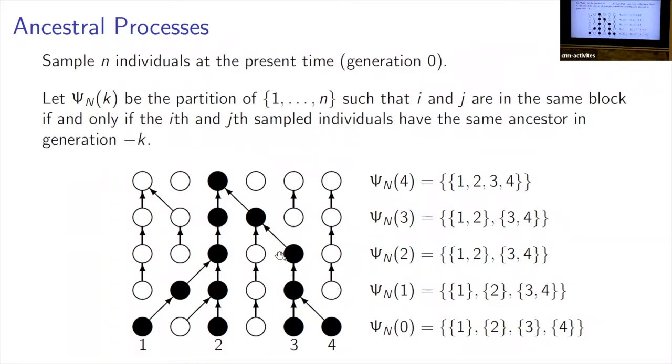If we go 2 generations back, the individuals 1 and 2 now also have a common ancestor. And so Ψ_n(2) is this partition which consists of these 2 blocks. And then finally, when we get 4 generations back, all 4 individuals that were sampled are traced back to one common ancestor. And so Ψ_n(4) is the partition in which all 4 of these integers are in the same block.